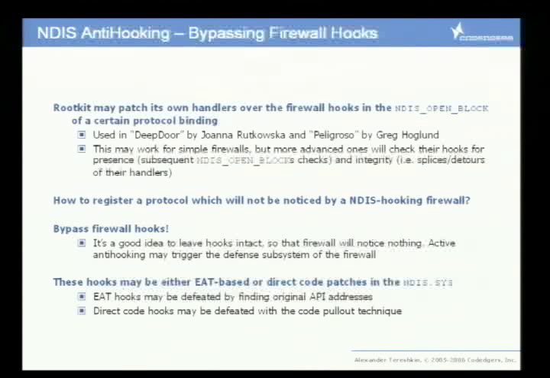This may work for simple firewalls, but advanced ones will check their hooks for presence. So if we patch the NDIS open block directly, some firewalls may detect these hooks and they may set them back or just inform the user that there's some kind of rootkit in the system.